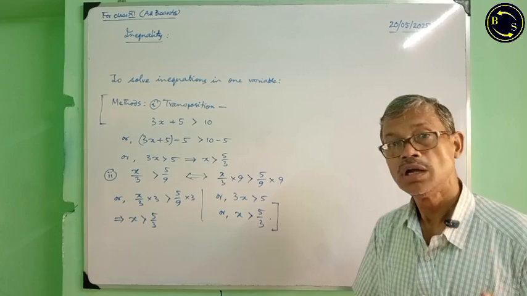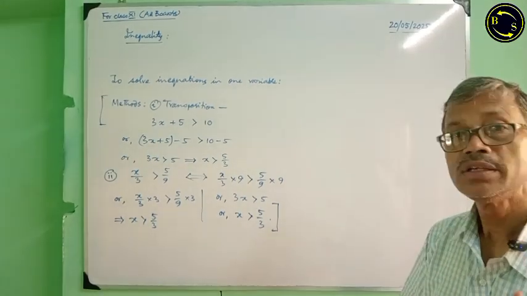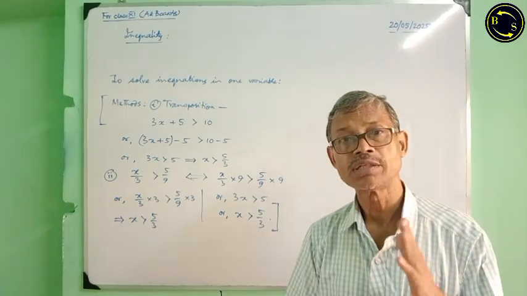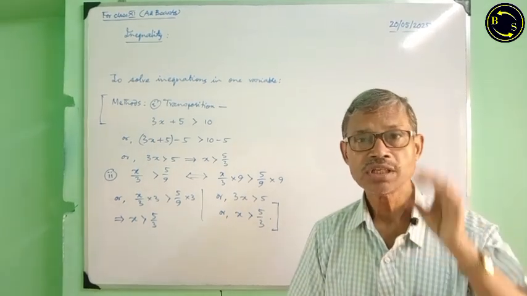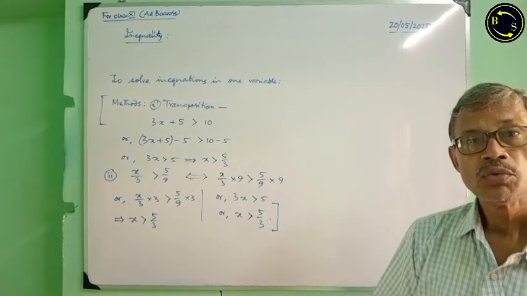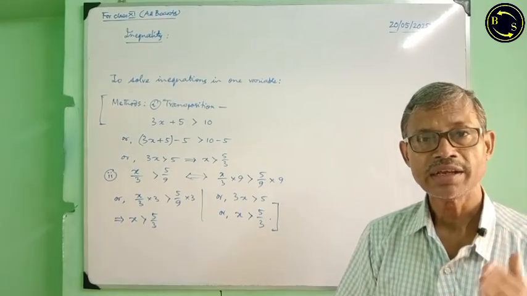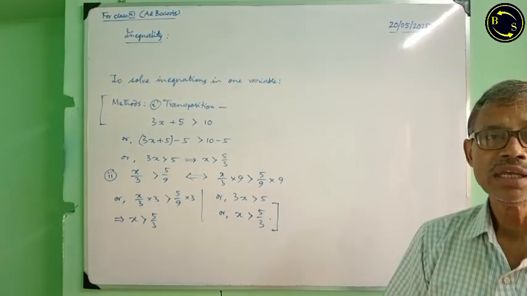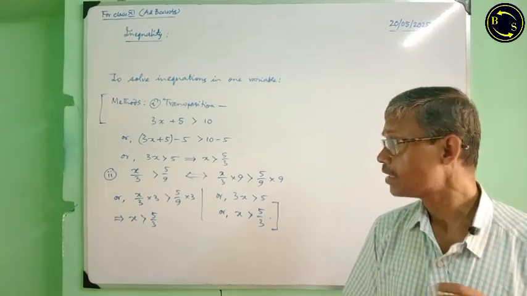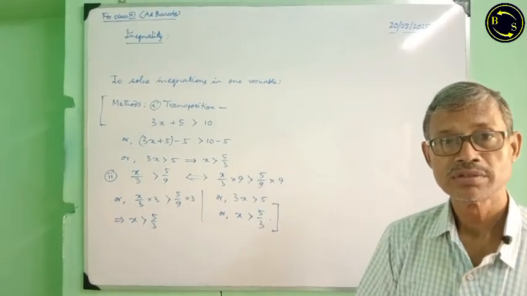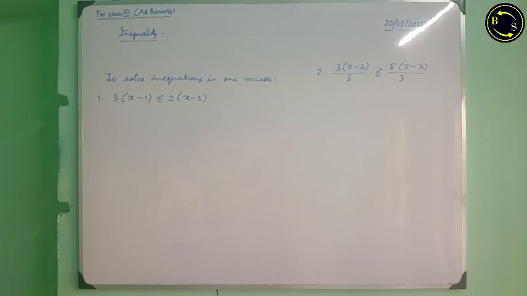Only you have to keep in mind that while adding, subtracting, or multiplying by a positive constant, the inequation relation will be unaltered. And if we multiply both sides of the inequation by a negative number, then the inequality symbol will be reversed. Now I am going to solve some inequations.